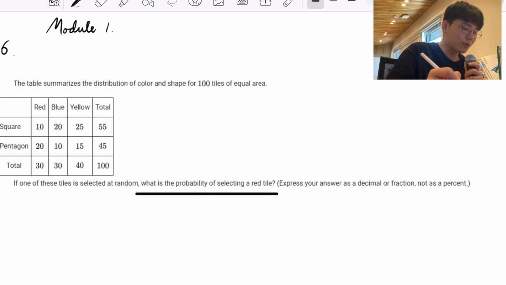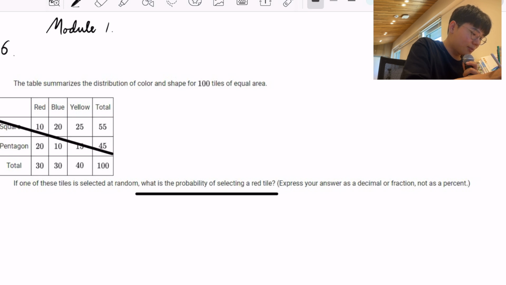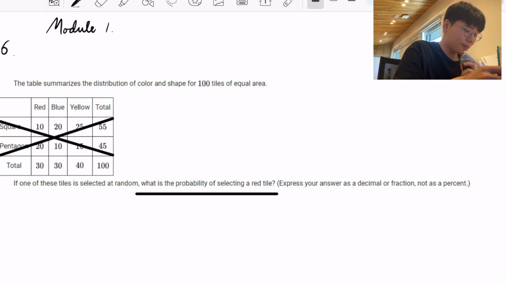In this case, you only have to look at the color of the tile. It should be a red tile, so you just get rid of the square and pentagon, all that stuff, because you only need the total number of red tiles and the total number of tiles.